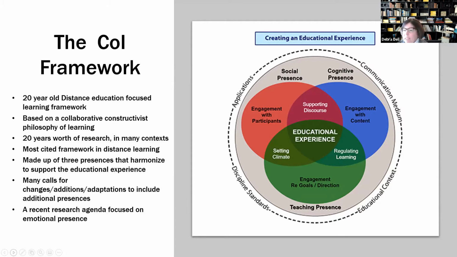I've been studying emotions, not academically, but through my practical work for many, many years. And my very first experience as an online learner was transformative for me, because I realized that there was a different way of teaching and learning.